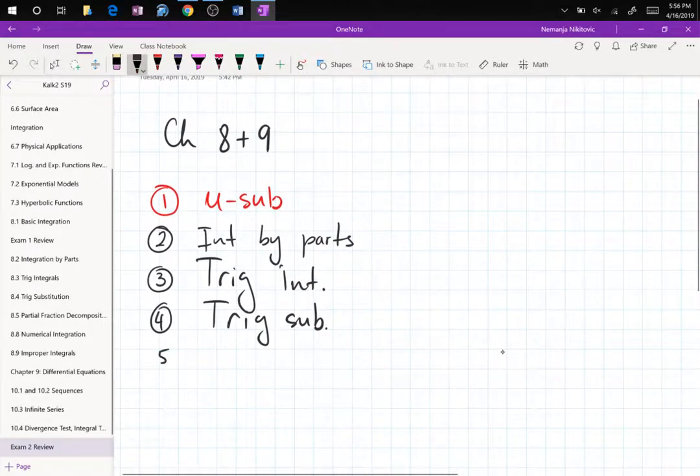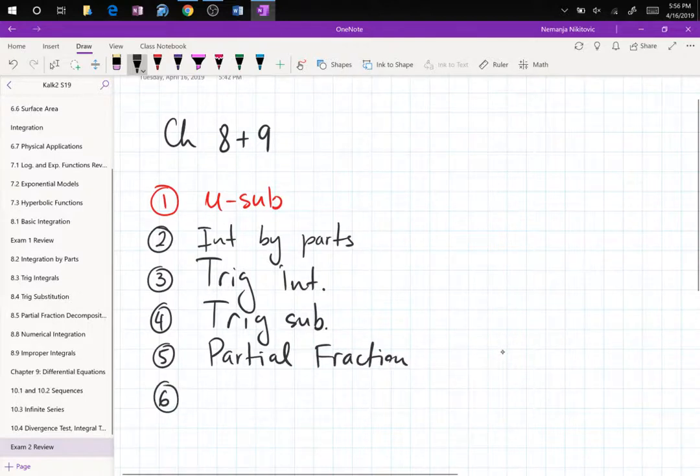Number 5, partial fraction. Number 6, I'm going to list now improper integrals, and then in parentheses, type 1 and type 2.